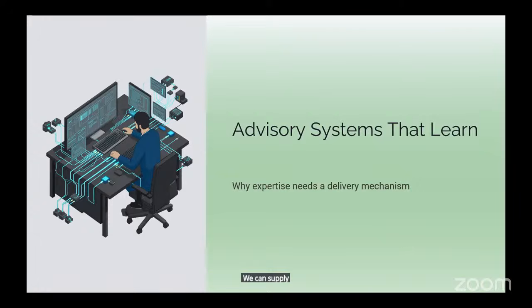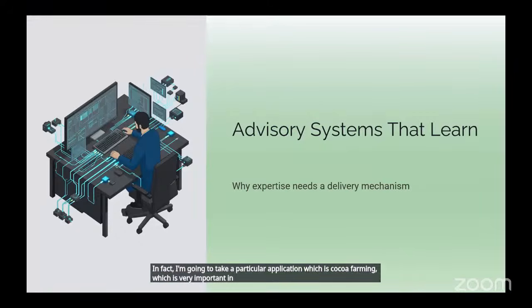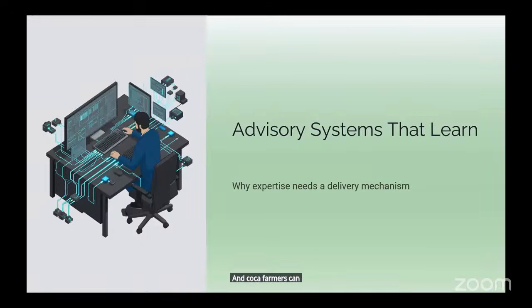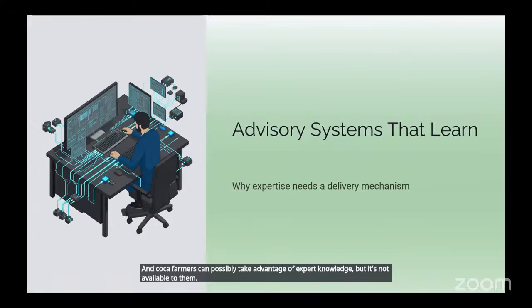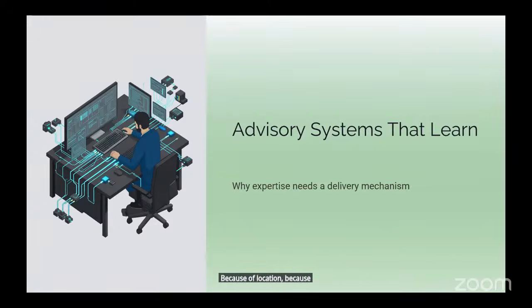And I'm going to use the example of agriculture. In fact, I'm going to take a particular application, which is cocoa farming, which is very important in the state. Cocoa farmers could possibly take advantage of expert knowledge, but it's not available to them because of location, because of communication, and so on.